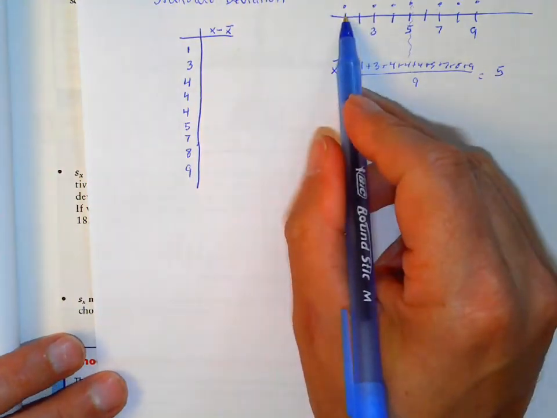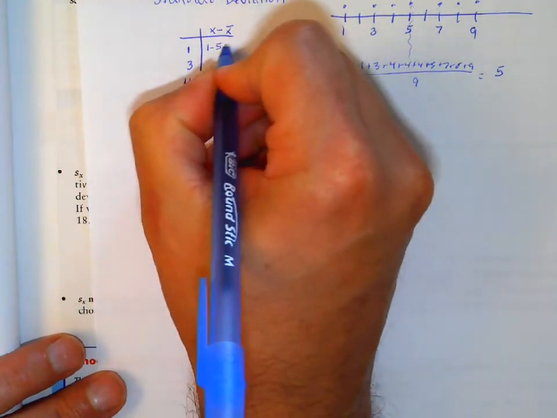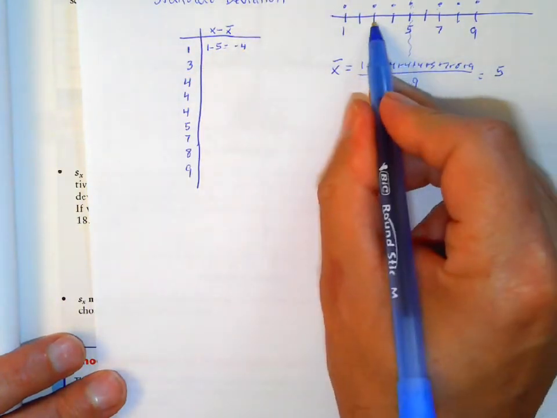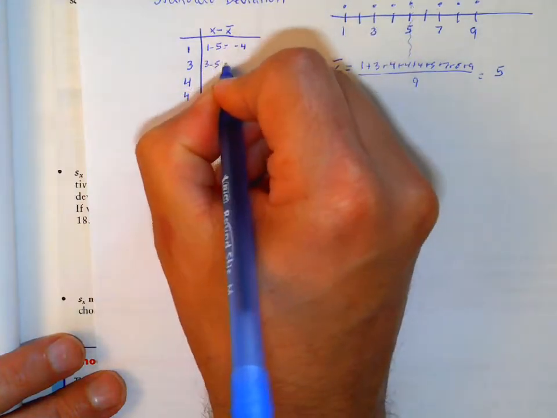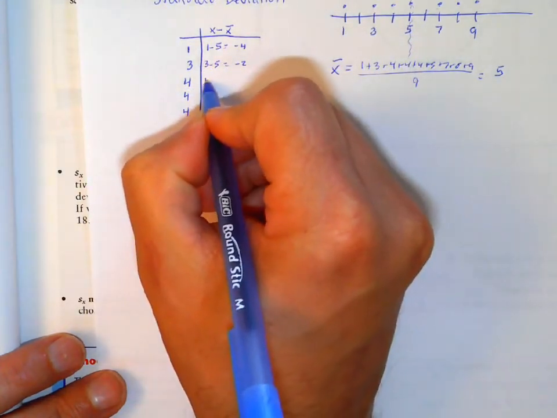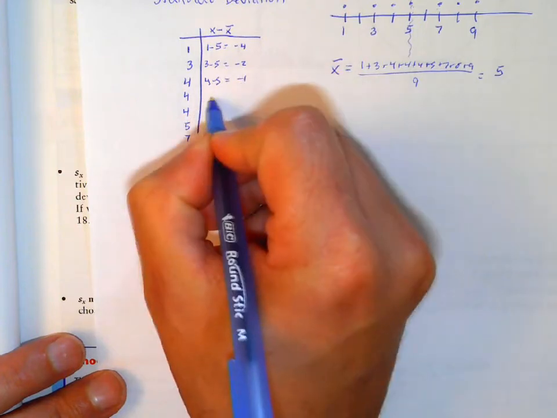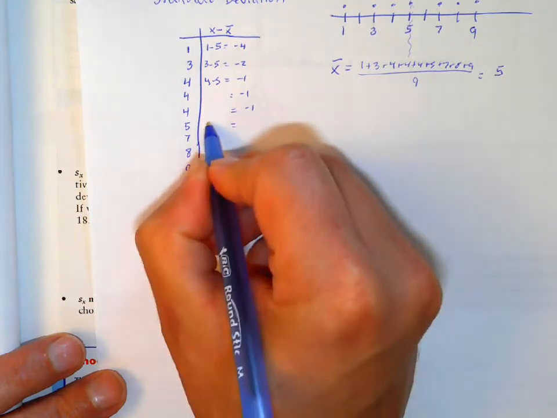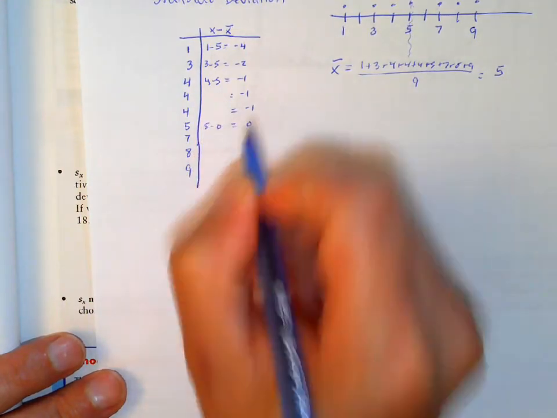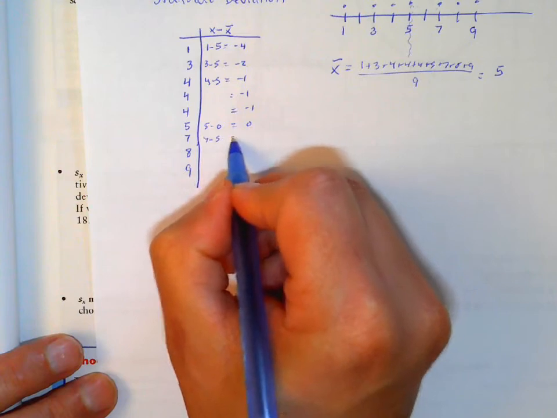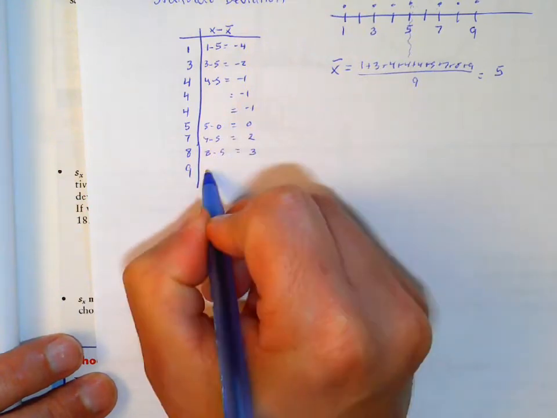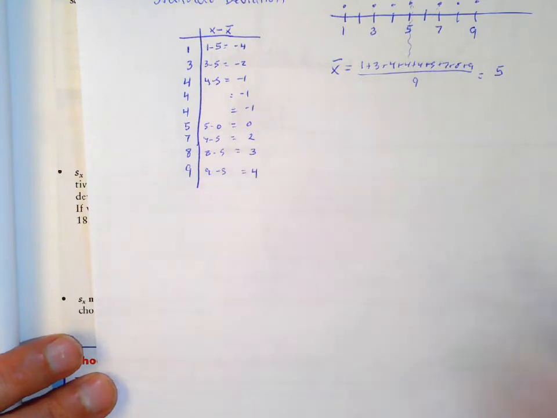So 1 minus 5 is negative 4. 3 minus 5 is negative 2. 4 minus 5 is negative 1, and those three are the same. 5 minus 5 is 0, exactly on the mean. 7 minus 5 is 2. 8 minus 5 is 3. And 9 minus 5 is 4 away from the mean.